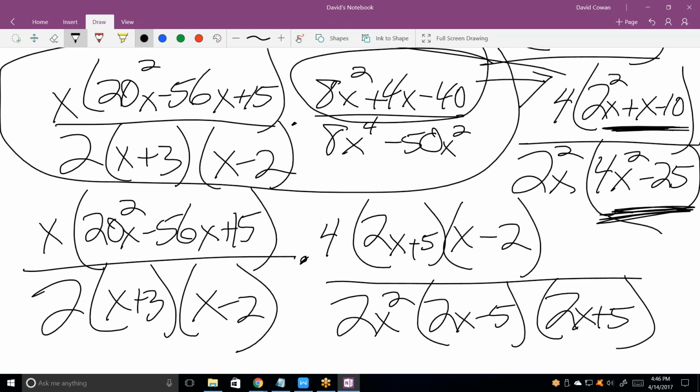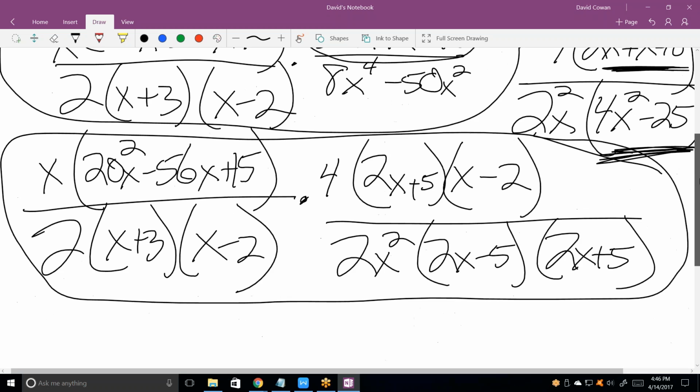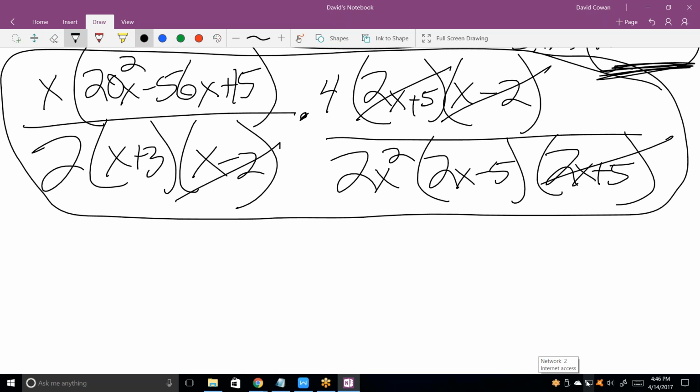Okay? Now we're looking at this. No addition. Everything is multiplication, so any place that I can cancel, I want to. Well, I see an x minus 2 there and an x minus 2 there. I see a 2x plus 5 and a 2x plus 5.